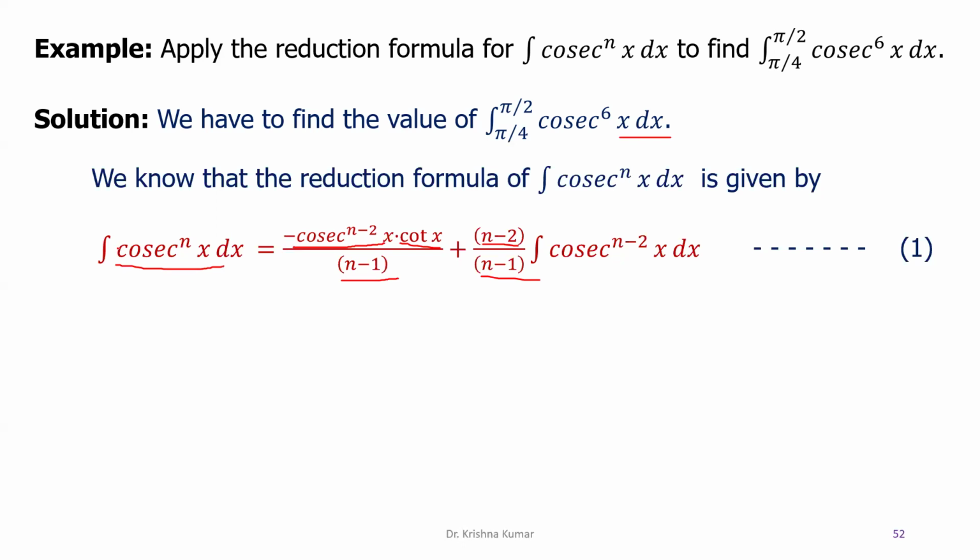So let us try to establish the reduction formula when the limit is from pi by 4 to pi by 2 of cosec to the power n x dx.